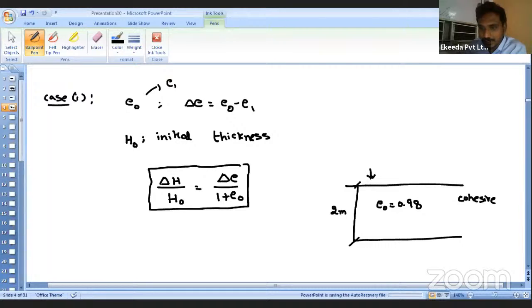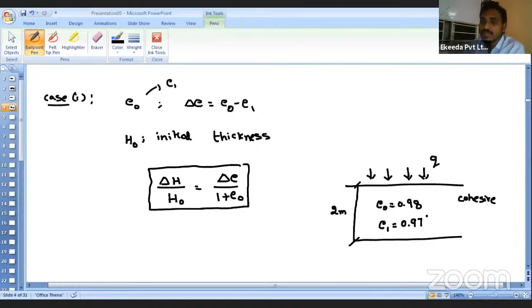After the application of some pressure, let us say the magnitude is Q, that means we are increasing the pressure. Because of the increase in pressure, after some time, you find that the void ratio is 0.97.